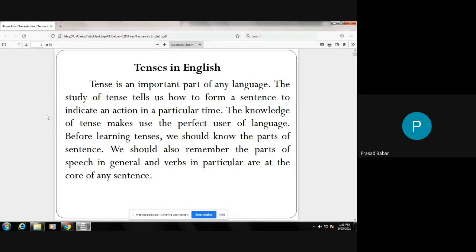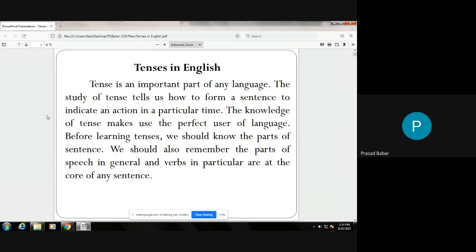Okay. So when we get knowledge of using tenses or the structures that are related with the tenses, then we become the perfect user of a language.